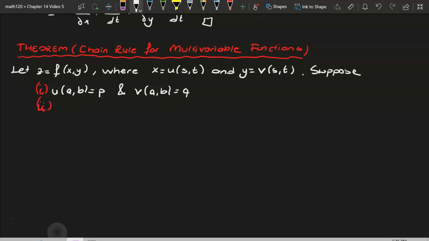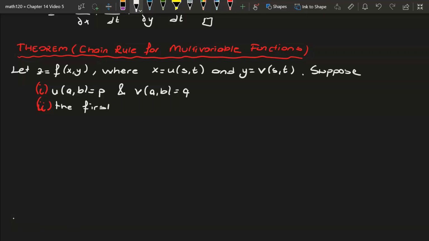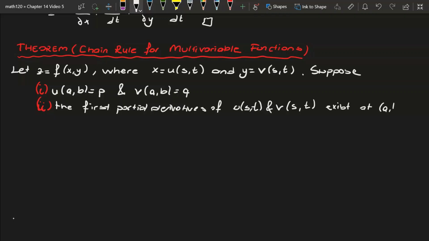Suppose the first partial derivatives of u of s t and v of s t exist at (a,b), and another assumption, f is differentiable at the point (p,q).